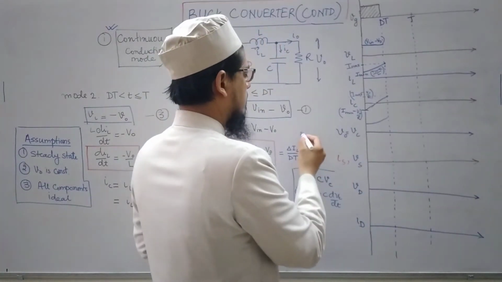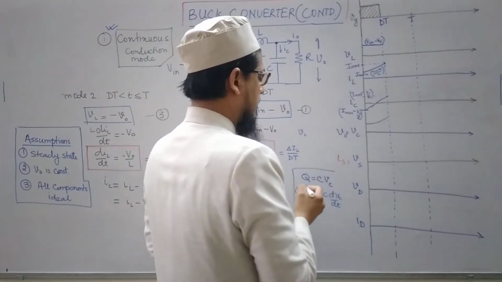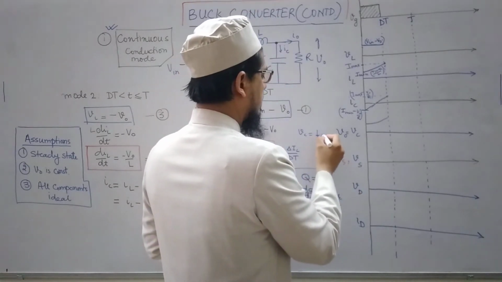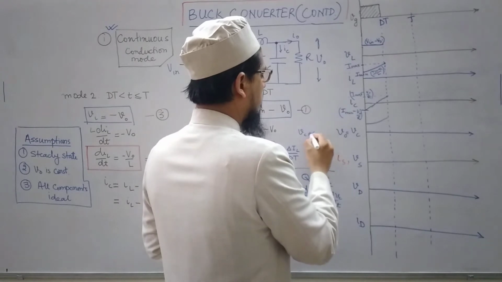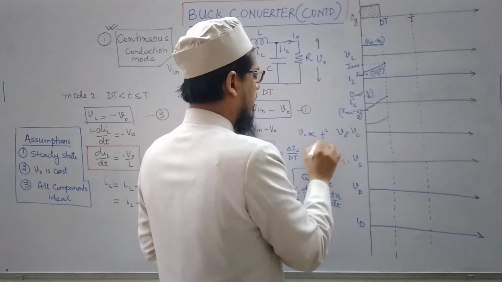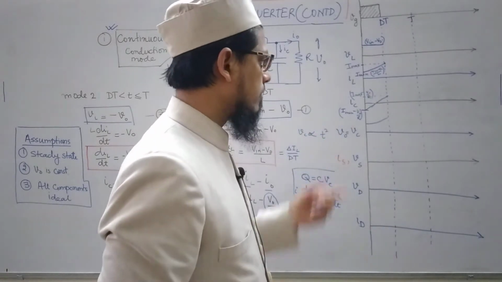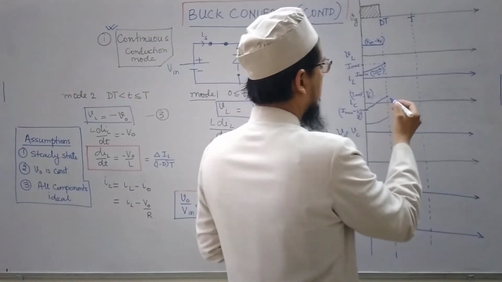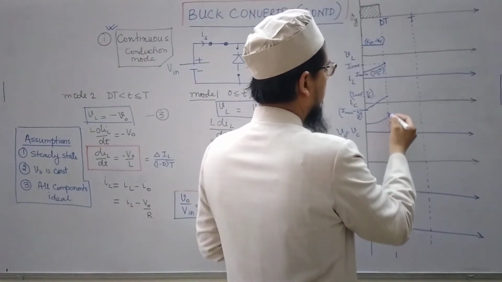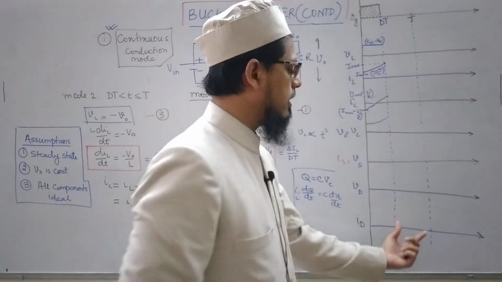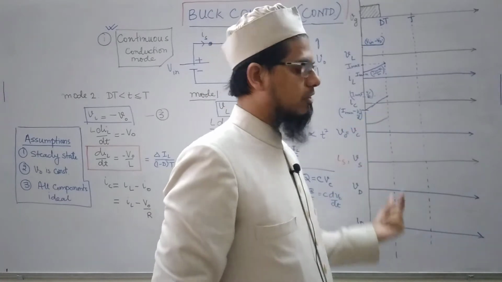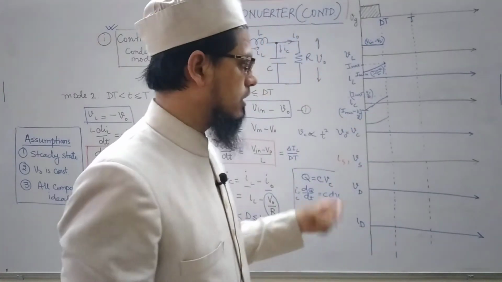So this Vc would be proportional to some t square, time square. Let me talk about the other case afterwards. This will be the variation for the period from 0 to dt.